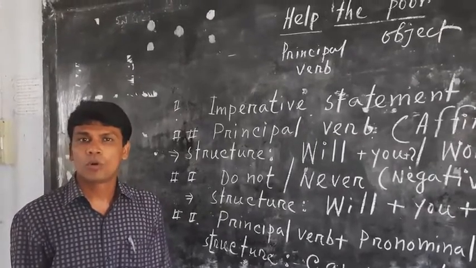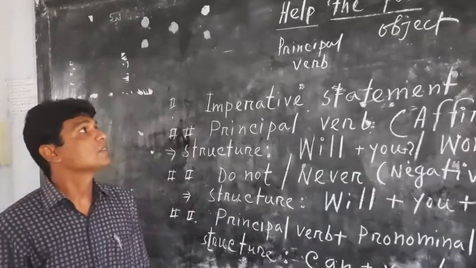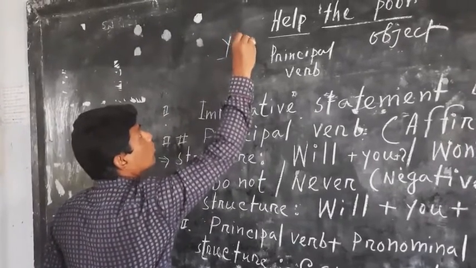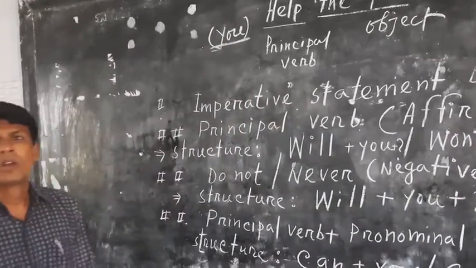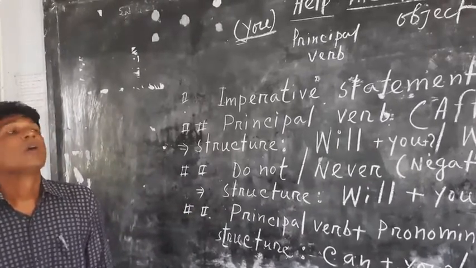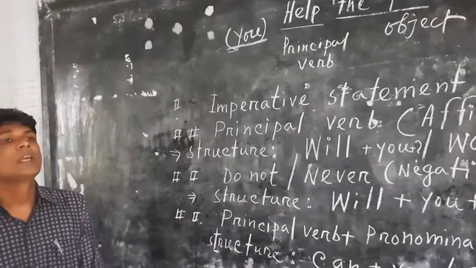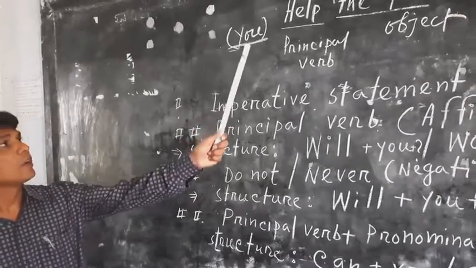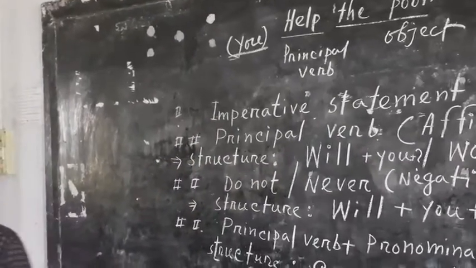Of course, you know the hidden subject of an imperative sentence is you. So, dear student, you can know the subject of an imperative sentence is you, and it may be hidden for some restriction. So you can know the imperative sentence begins with principal verb.